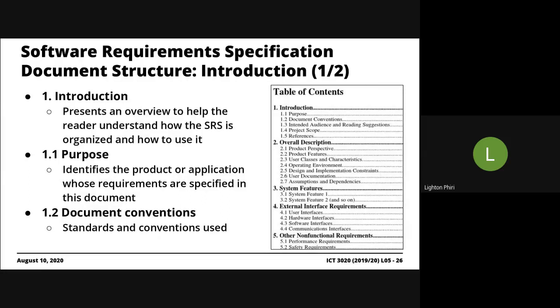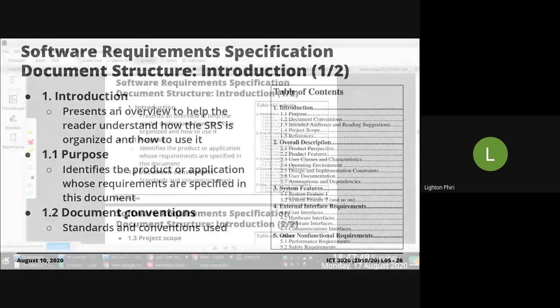And then the section associated with the document conventions is just a brief description of what standards, as far as the writing is concerned, you are using. In certain instances, you find people omit this, but for what we are doing, I do encourage you to do this.